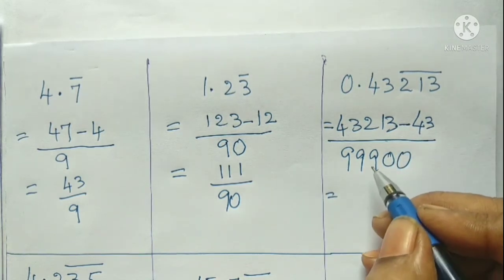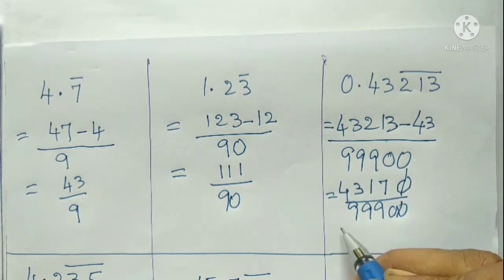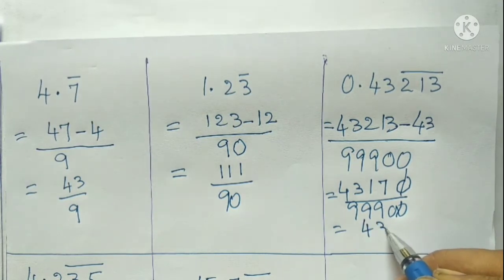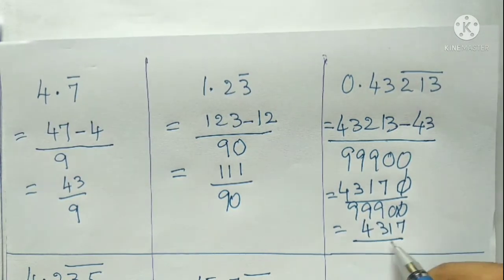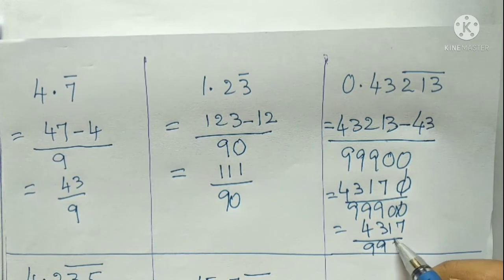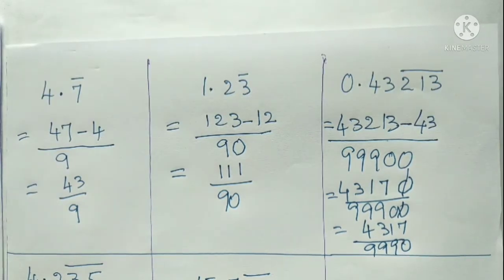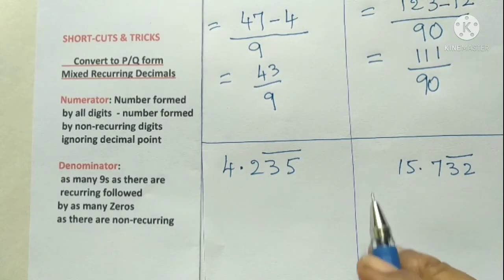So the answer will be, if you strike off one 0, 4317 by 9990.